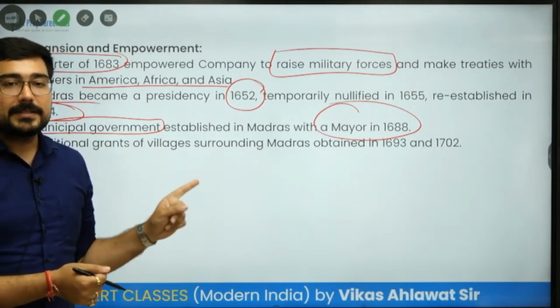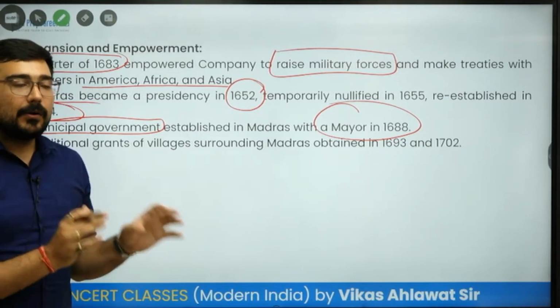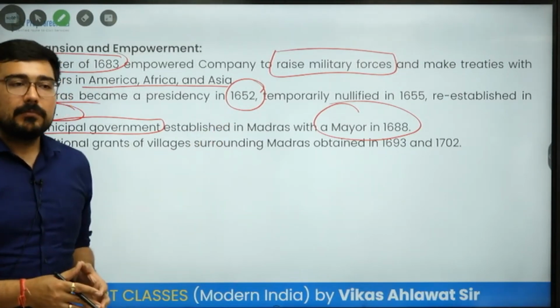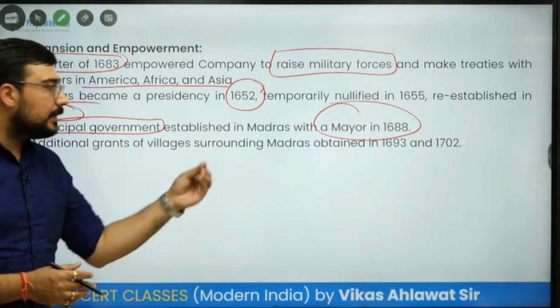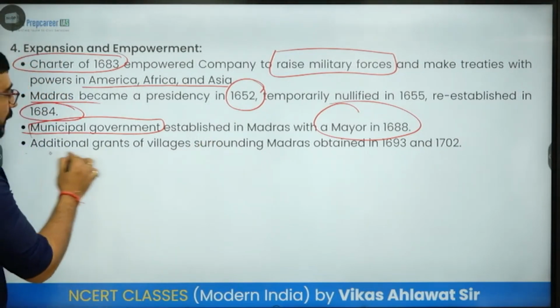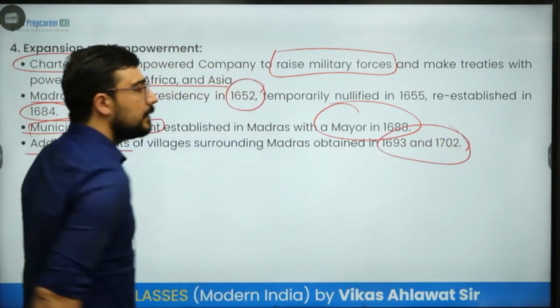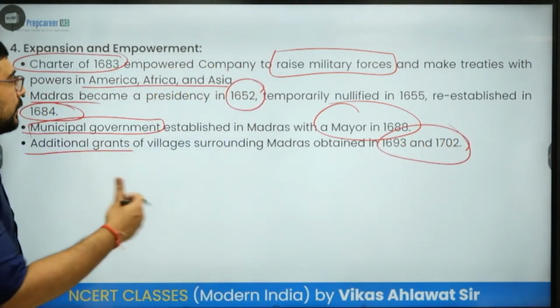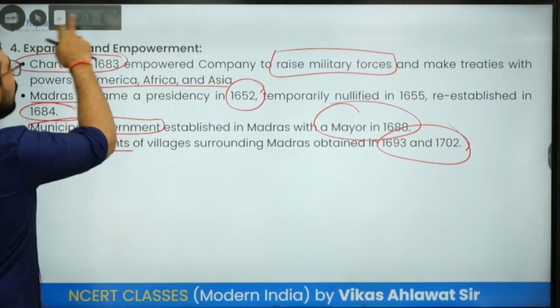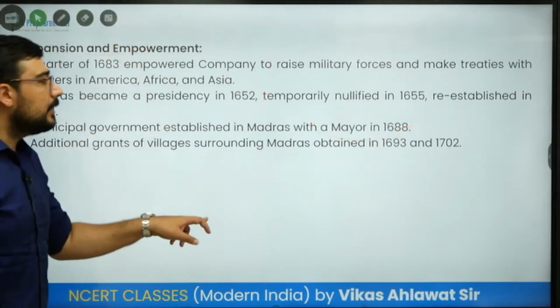This is the first state, okay, Tamil Nadu or the area of Madras. For the first time, we see the establishment of any municipal government. Additional grants of villages surrounding Madras were obtained in 1693 and 1702. So with the period of time, they always ask for one or the other concession, that give us something more.